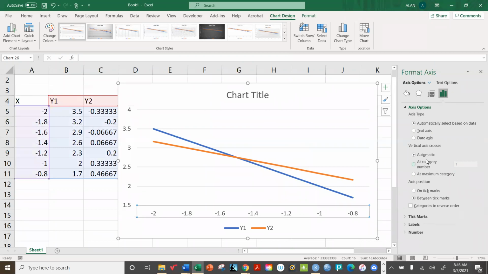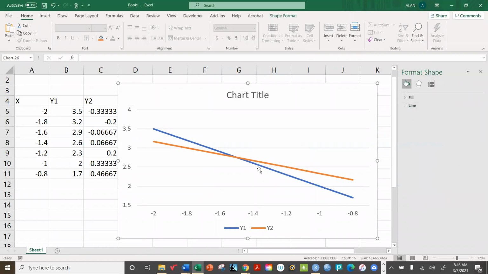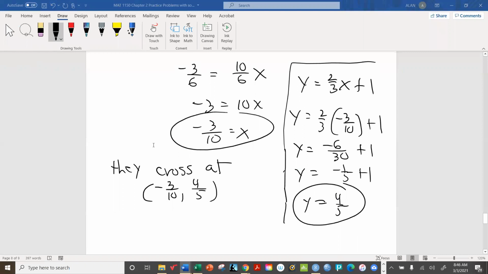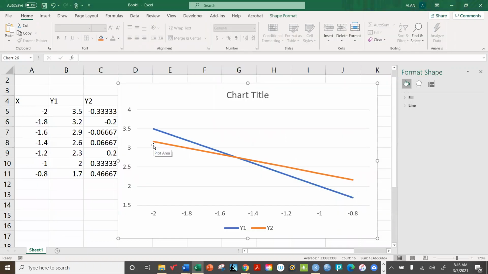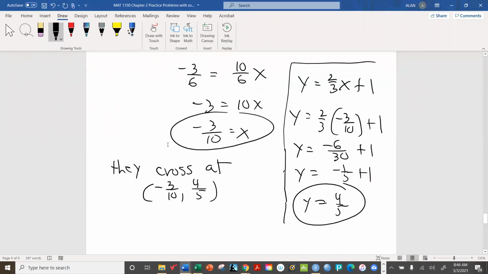All right, well, it's a little better now. Boy. It still doesn't look right.